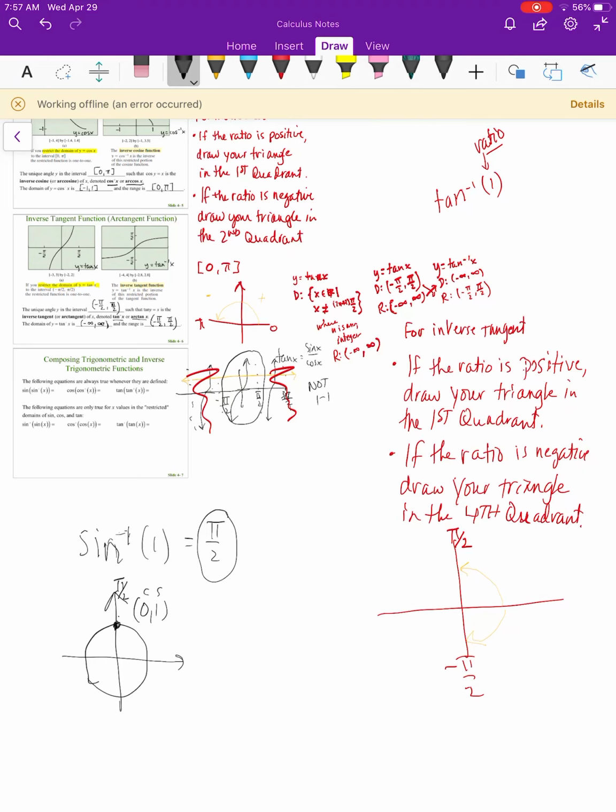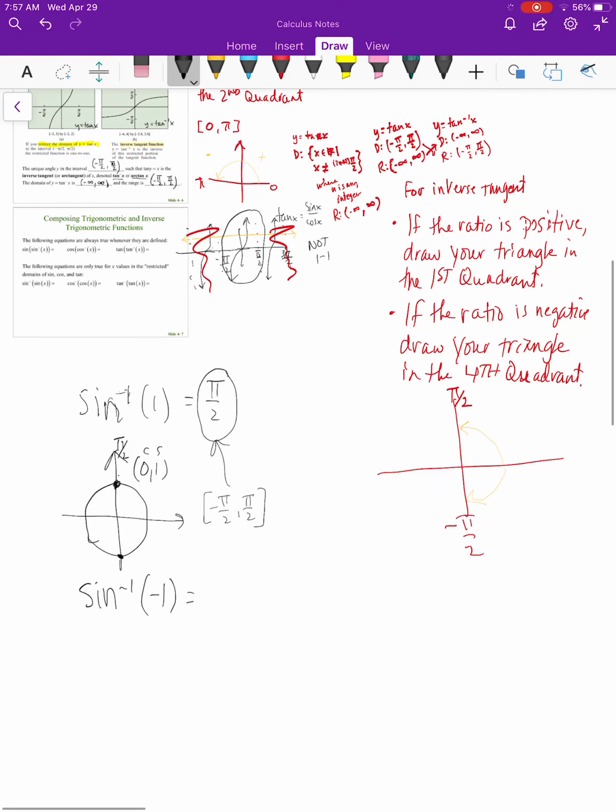So sometimes you're on the unit circle on the axes, but you still can only have an answer that has to lie between negative pi over 2 and positive pi over 2. Okay? So if I said, what is the inverse sine of negative 1? Hopefully you figured out that you can't draw a triangle in the fourth quadrant such that the opposite over the hypotenuse equals negative 1.